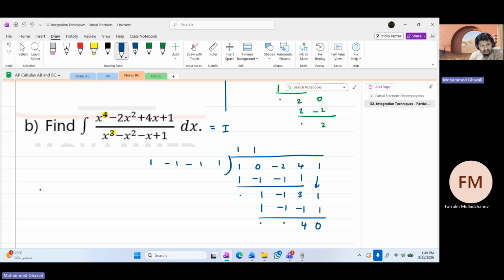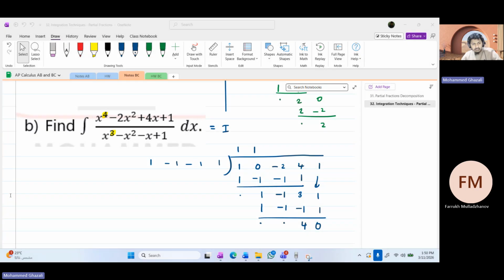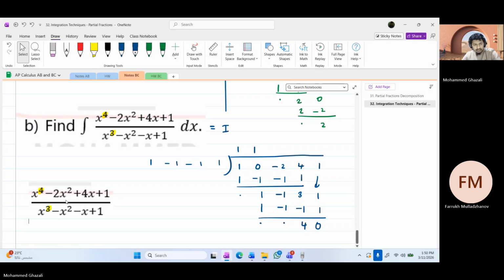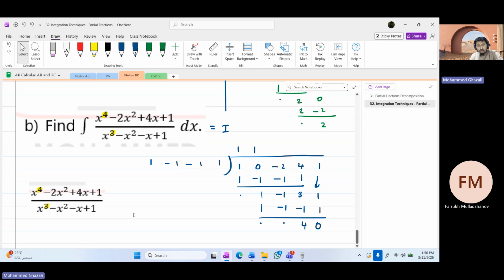So your decomposition for this, x to the power 4, basically this part is now equivalent to the quotient plus the remainder, okay? The quotient is x plus 1, right?